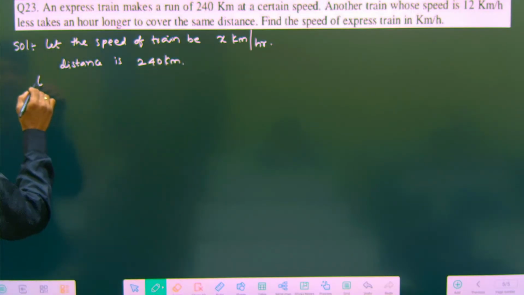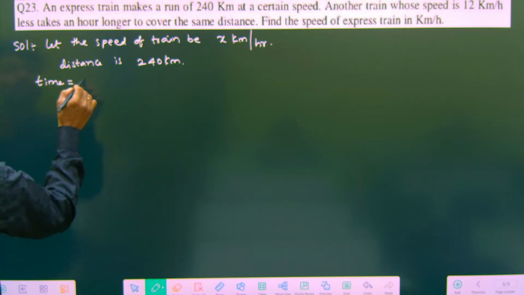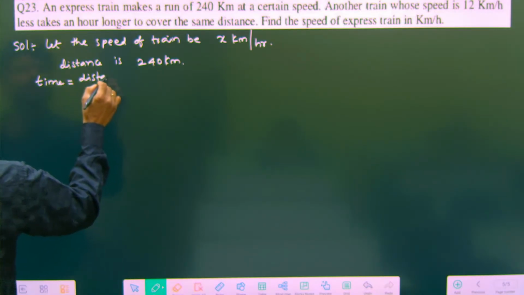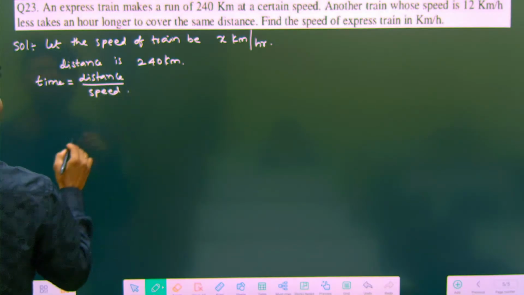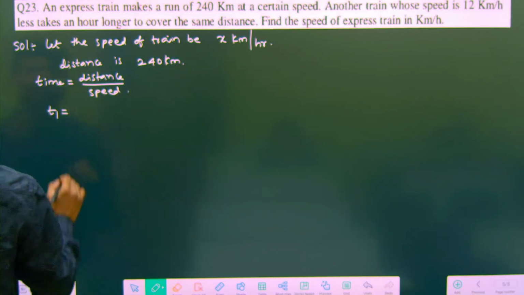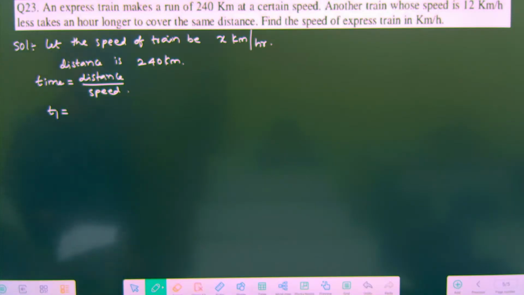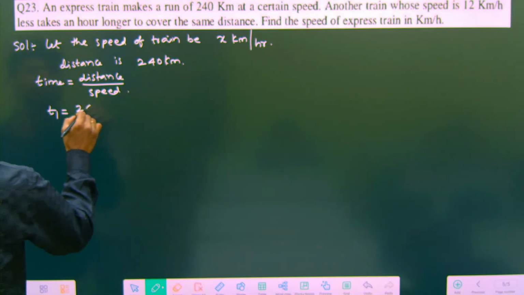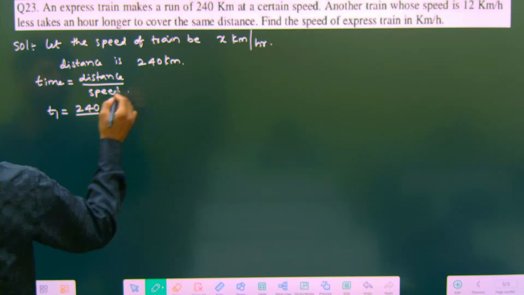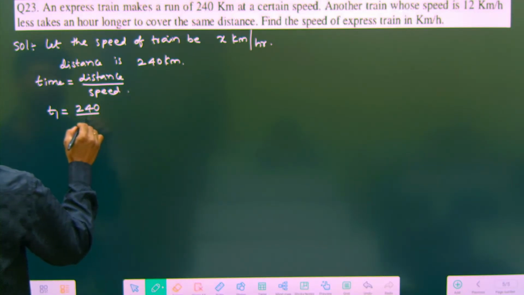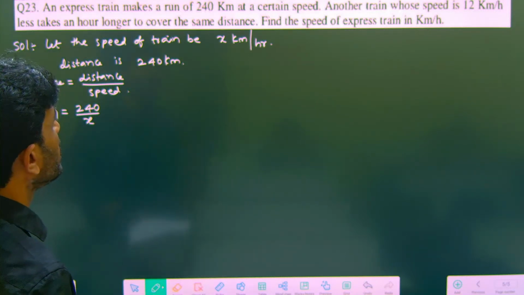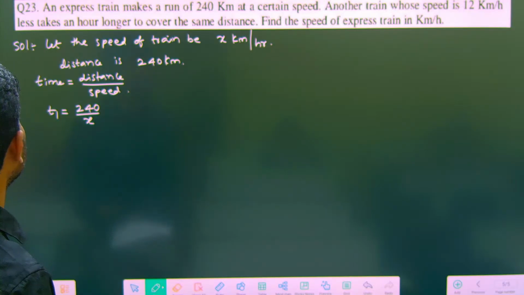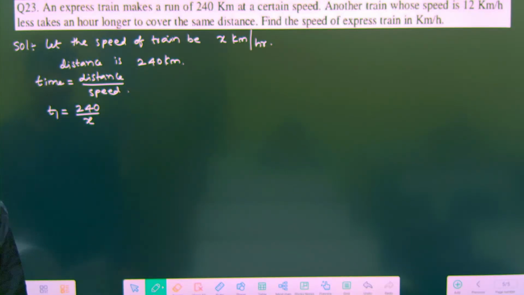The formula is time is equal to distance by speed. You have to remember this. Now time in the first case, T1: total distance is 240 kilometers and speed we took x kilometers per hour, so T1 is 240 by x.